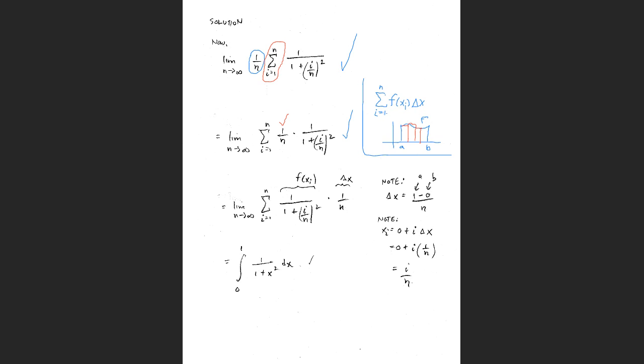How you choose the rectangles depends on whether you're using the left endpoints to determine the height of the rectangle in each subinterval, or the right endpoints, or the midpoints. Every rectangle has width delta x.